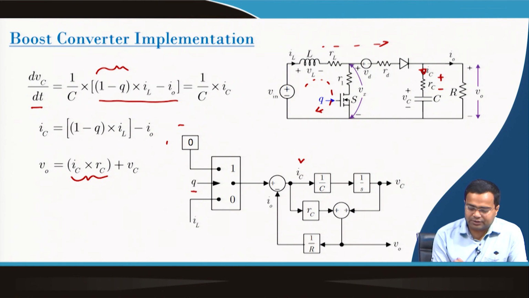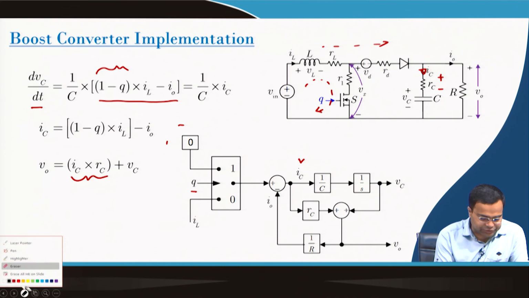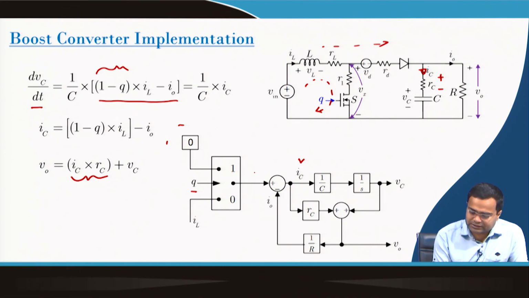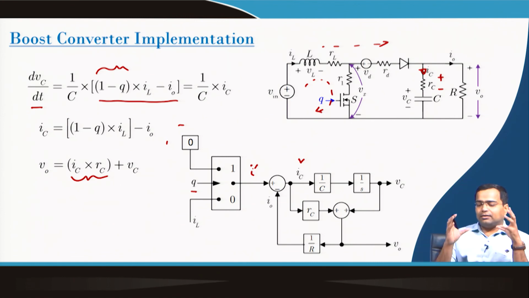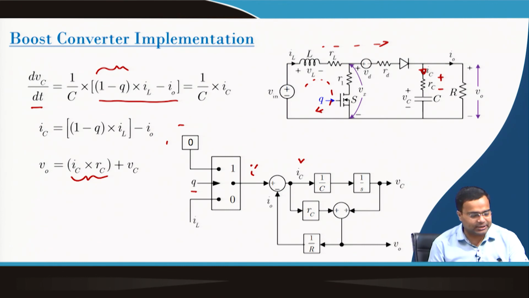When the switch is on, this current, let us say I dash, is 0. When the switch is off, it is nothing but the inductor current.